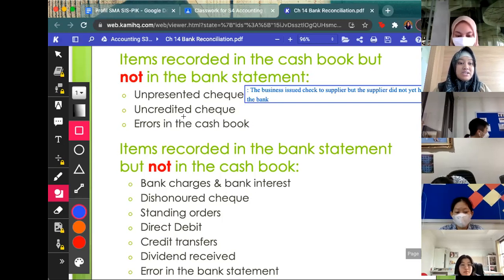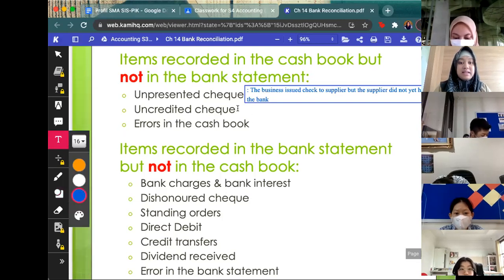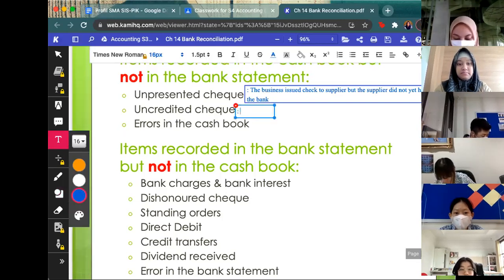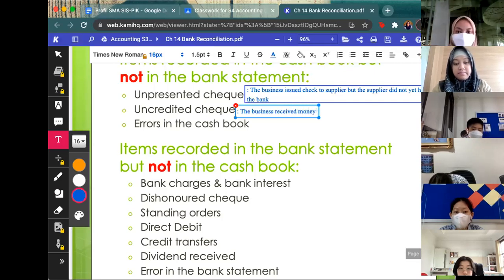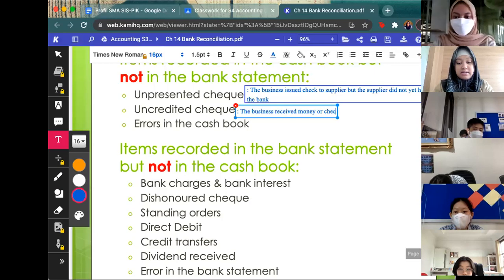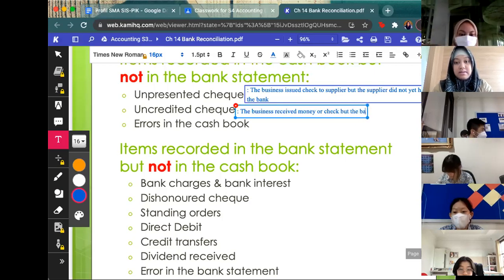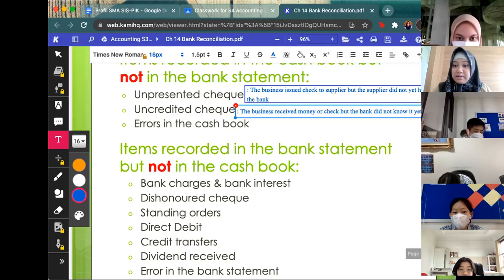Meanwhile, an uncredited check is the opposite of an unpresented check. An uncredited check means that the business received money or a check, but the bank did not know it yet, with the same reason as well.